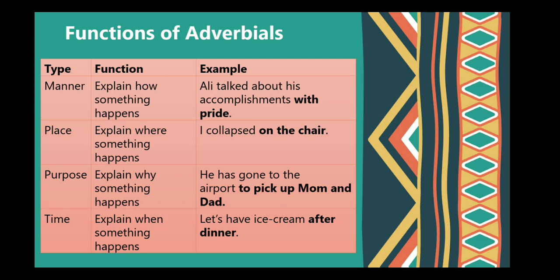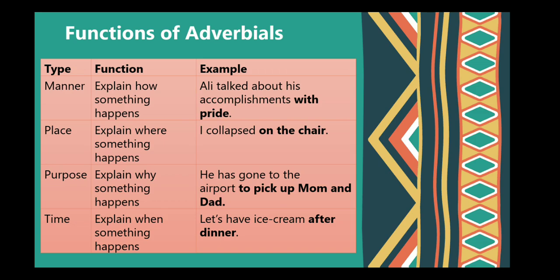So let's summarize functions of adverbials. It can be an adverbial which has to do with manner, explain how something happens. Ali talked about his accomplishments with pride. It can be about the place, adverbials of place, explain where something happens. I collapsed on the chair.